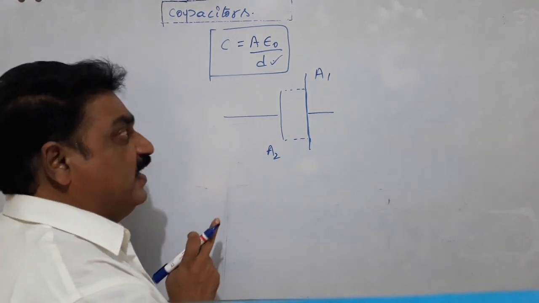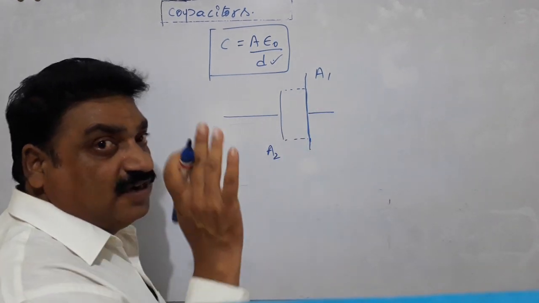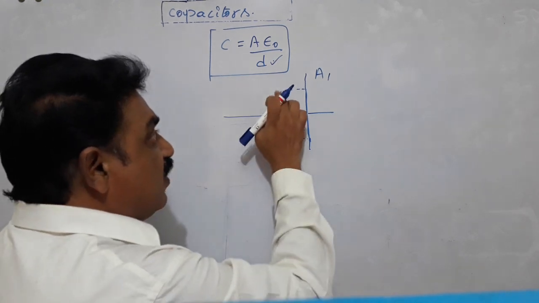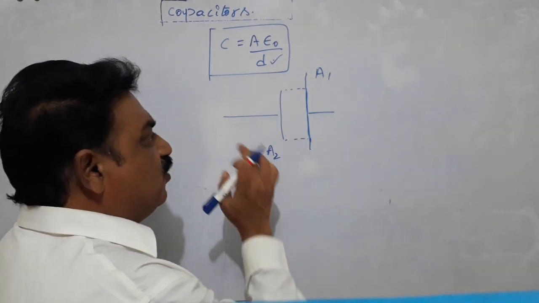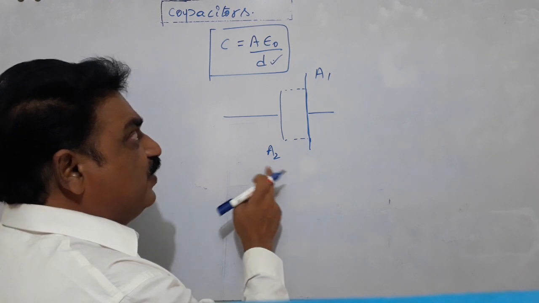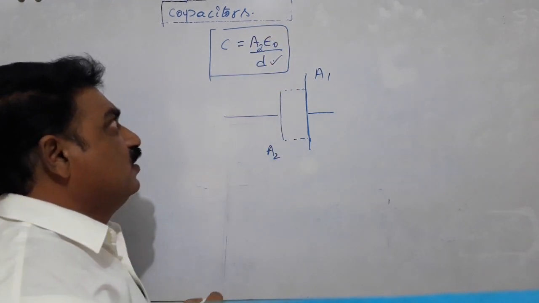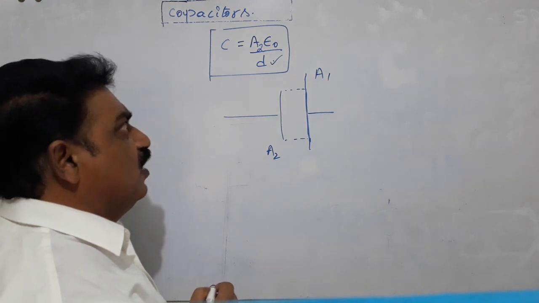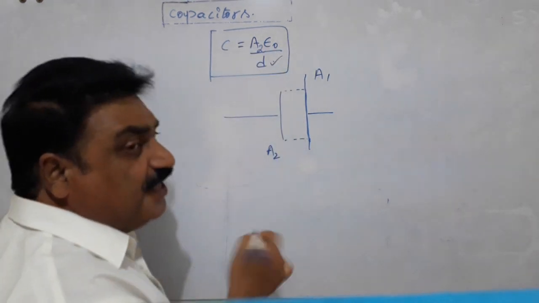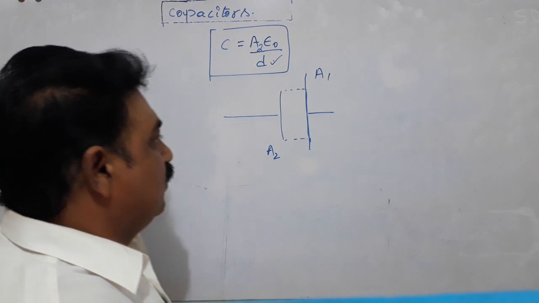Somebody may feel that A1 plus A2 is the area, but it is not correct. The area common to both is A2. That's why in this case C is equal to A2 epsilon naught by d.